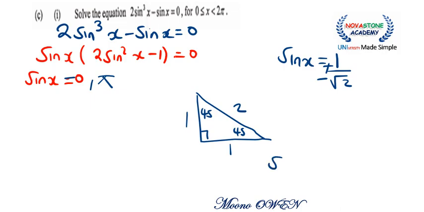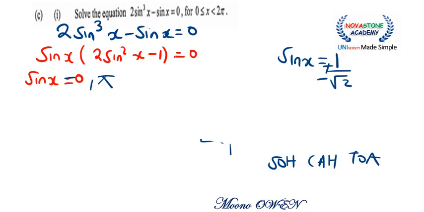Then according to your SOHCAHTOA, you know that sine is equal to opposite over hypotenuse. So if this is the angle that you're trying to find, it is going to be opposite over hypotenuse. The hypotenuse here is the square root of 2. So this is 45. So sine x in this case is equal to 45.